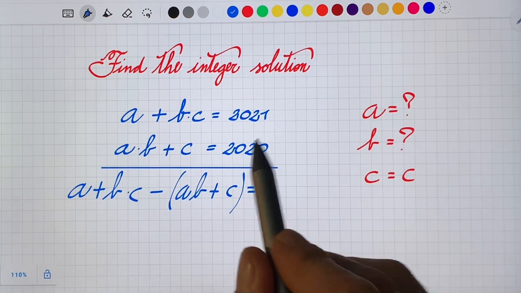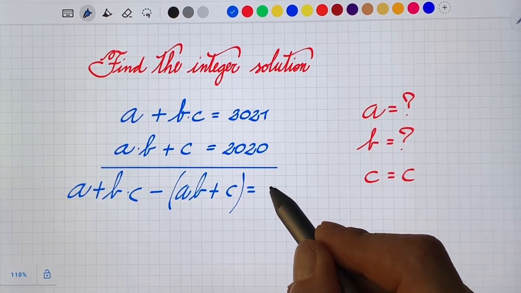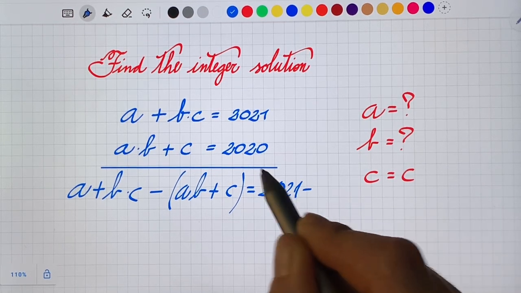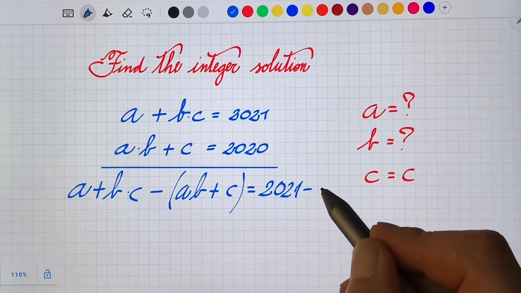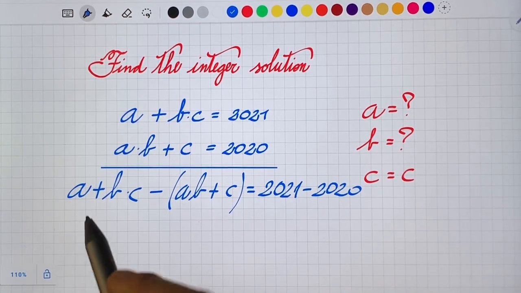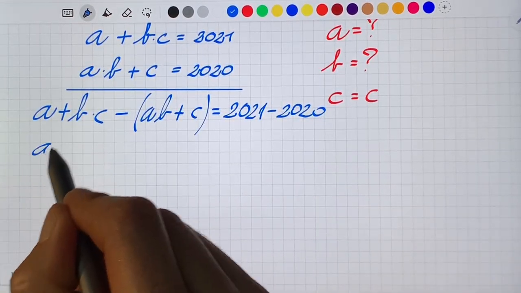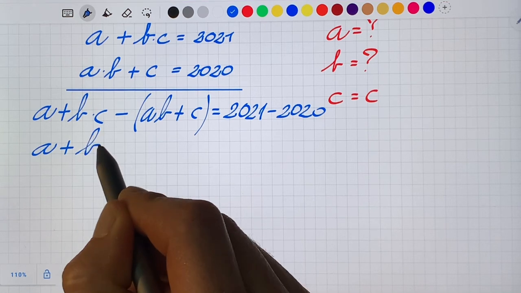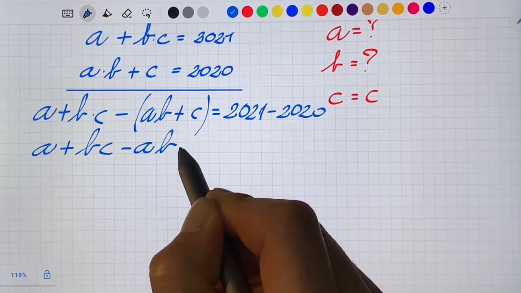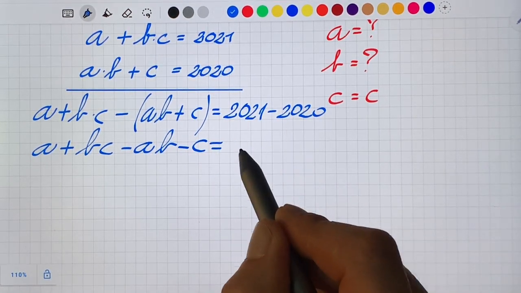And then again, the right hand side of the first equation, 2021, minus the right hand side of the second equation, 2020. I get a plus b times c minus ab minus c is equal to 1.